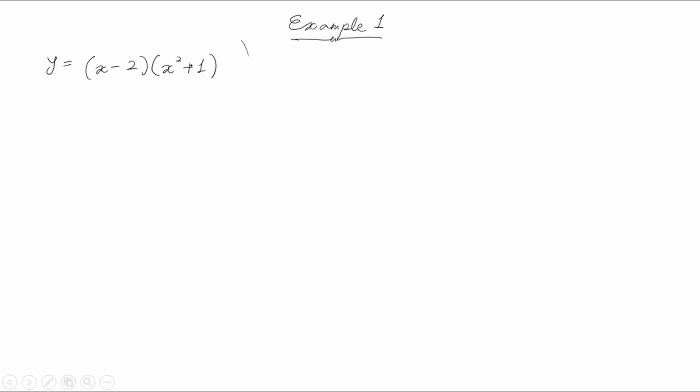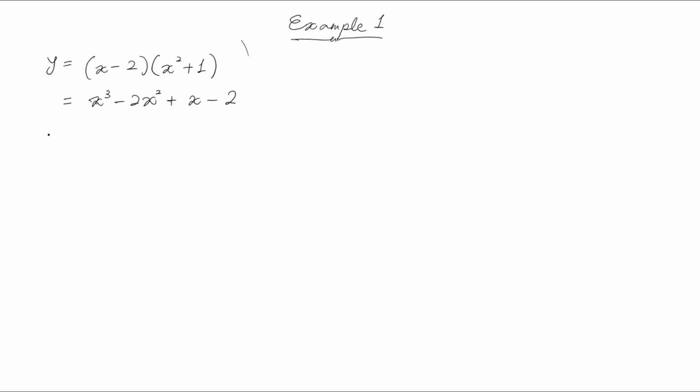But in a very easy case where it's a very simple function like this, we can simply expand it first to obtain x cubed minus 2x squared plus x minus 2, and this can be differentiated by using the sum or difference rule, so that will be much easier, right?